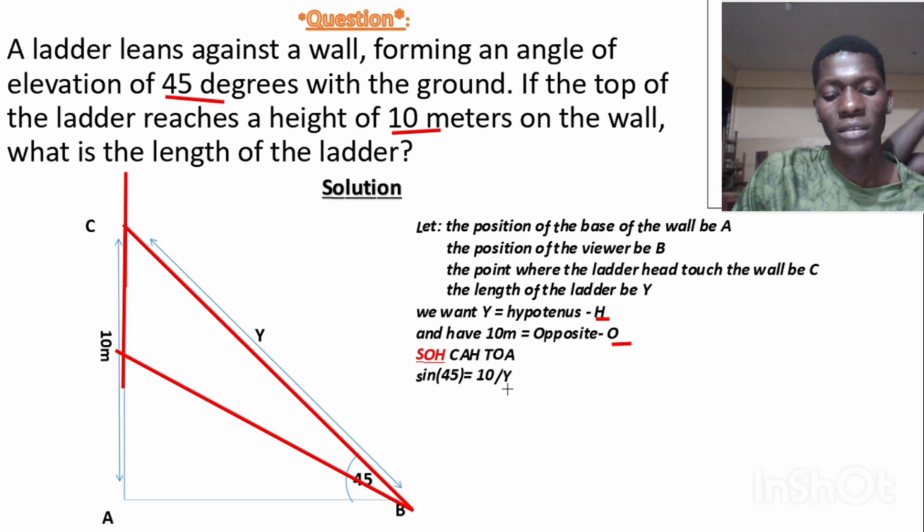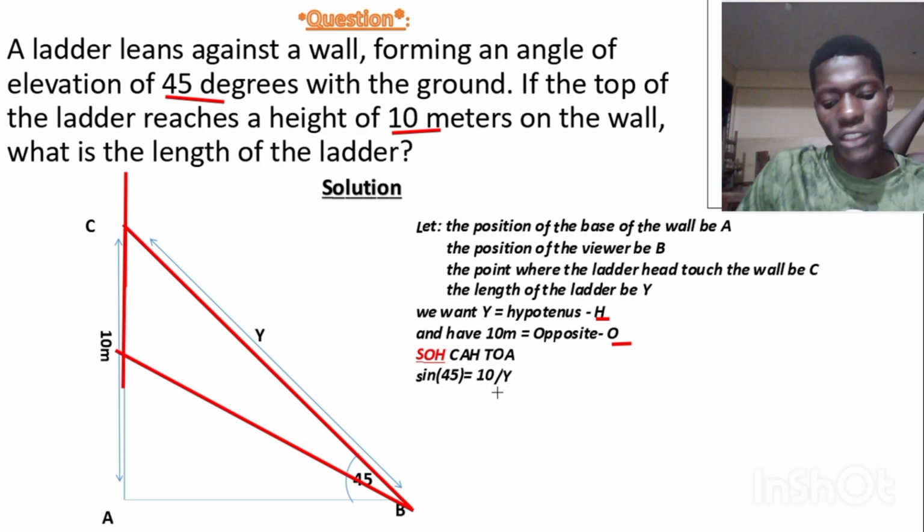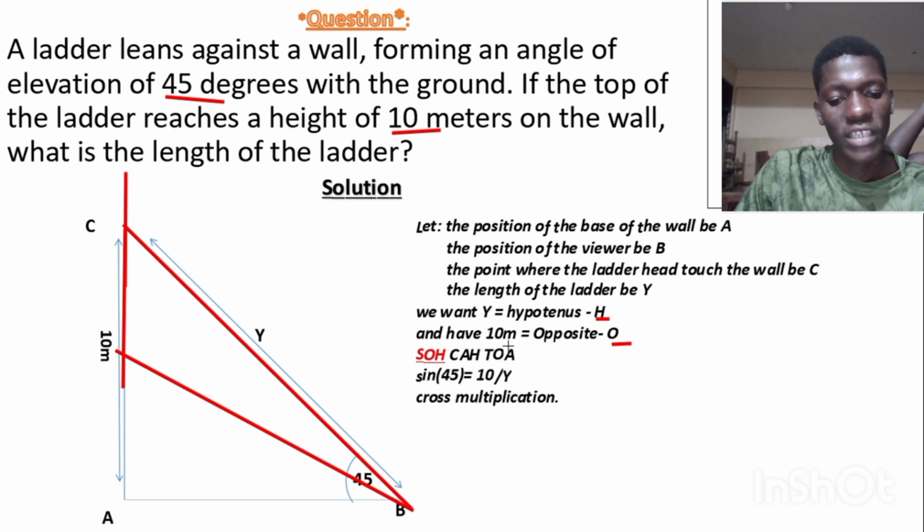So at this point, we'll do cross multiplication. We multiply y by the sine 45, and the 10 by the one that is supposed to be under here.